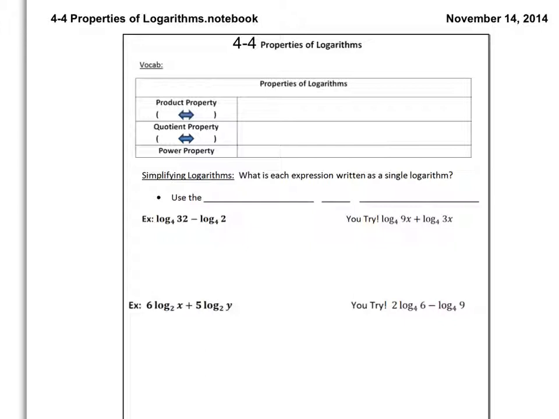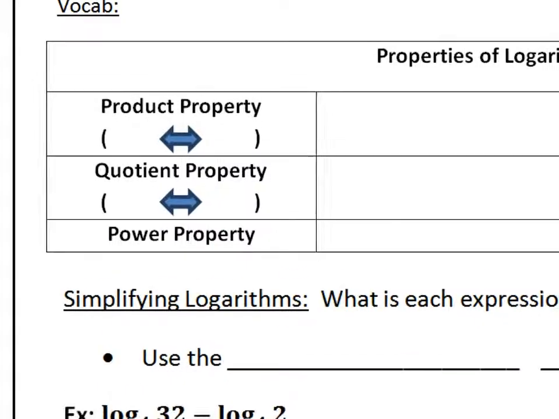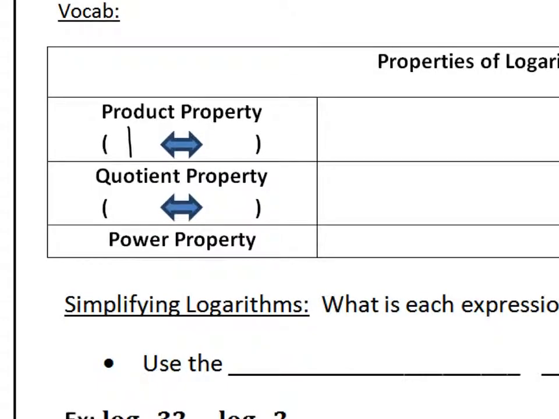Today we're going to talk about properties of logarithms. Logarithms, we kind of consider them to have their own log world, and there are certain things that happen in log world. We use these properties to help us either to simplify or expand in order to evaluate logs. So the first property is the product property, and that says that you can switch between addition and multiplication.